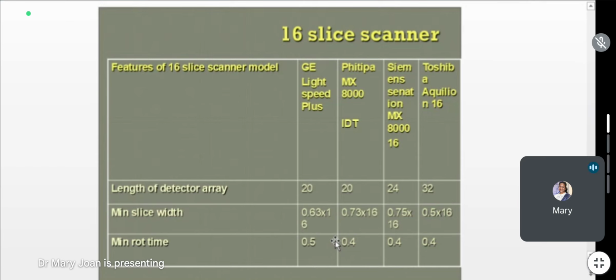So here is a comparison of different features of multi-slice scanners. You can see that most of the parameters are more or less the same.